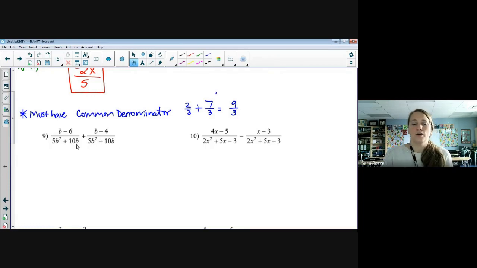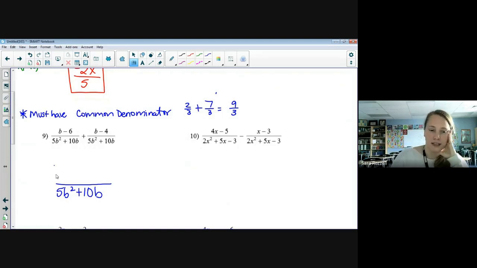All right, on our first problem here, do our denominators match? Are they the same? Yes, they're the same. So I'm going to go ahead and write down what my denominator is going to be because I know it's 5b squared plus 10b. And then just like I did before, 2 plus 7, that's 9. I'm just going to add together the things that are in the original numerators.